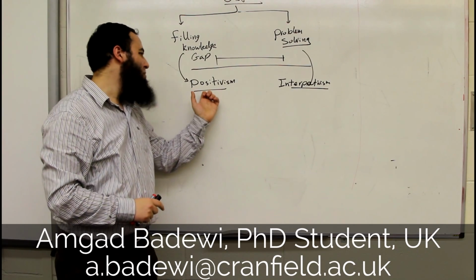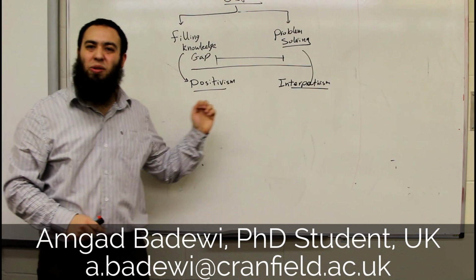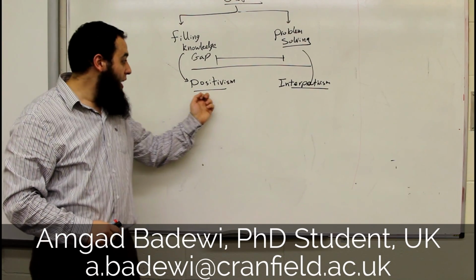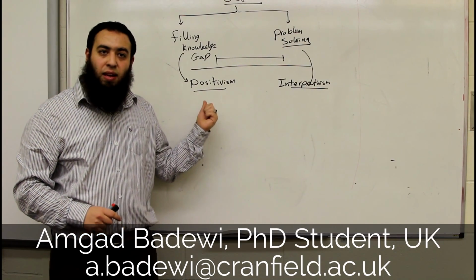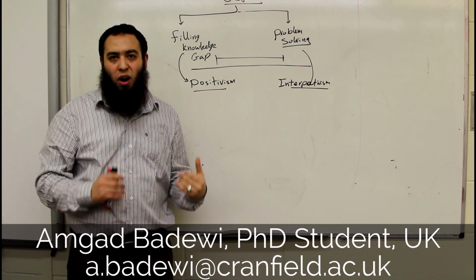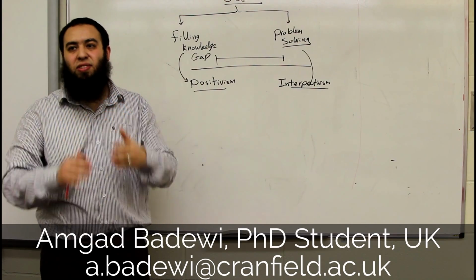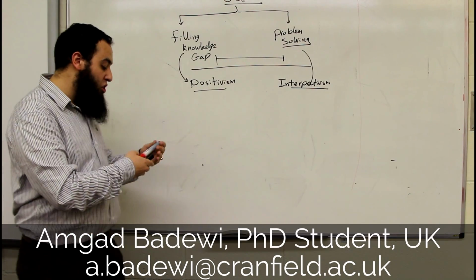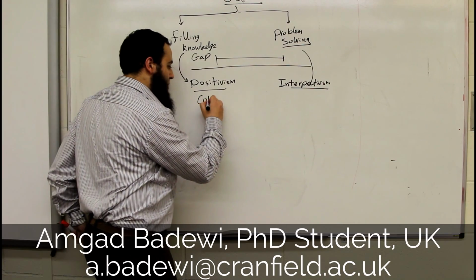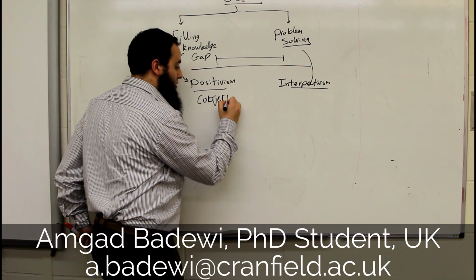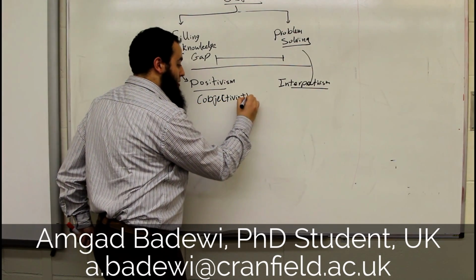That's why we sometimes call this kind of research causal research. This kind of research, sometimes we call it quantitative. Why? Because it's based on statistics. We find the relationship statistically. We are very objective. What is the meaning of objective or objectivist?